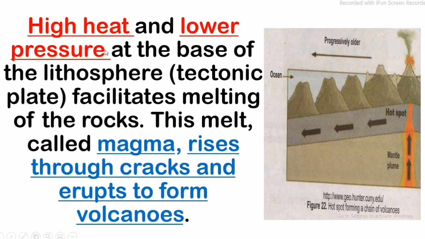High heat and lower pressure at the base of the lithosphere or the tectonic plate facilitates melting of the rocks. This melt, called magma, rises through the cracks and erupts to form volcanoes. So remember, if the magma from the mantle rises above the crust, so there will be volcanoes.